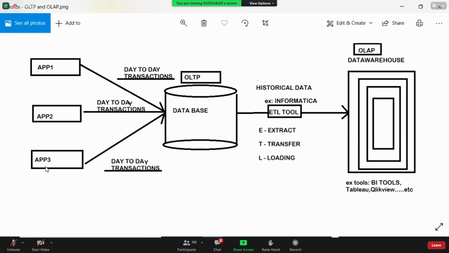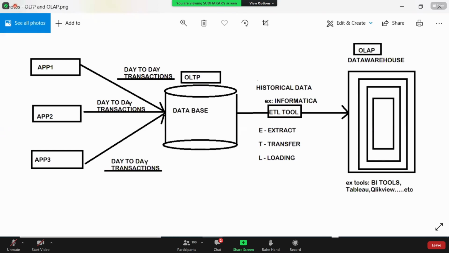Application 1, application 2, application 3, whatever it is, different online applications. Through these online applications, whatever day-to-day transactions we perform, this information is stored in OLTP databases.